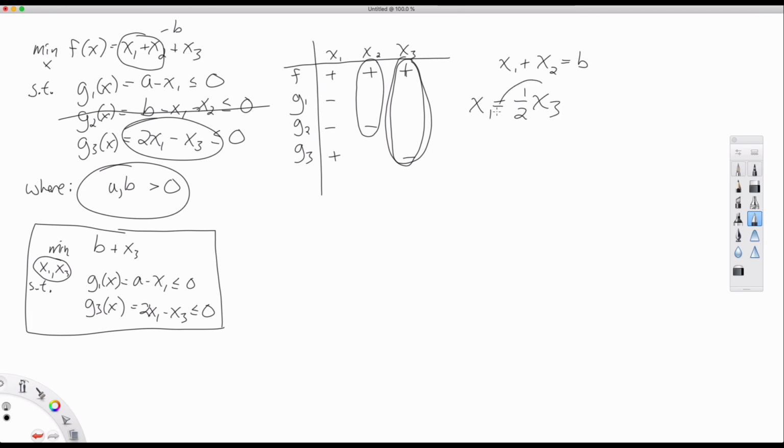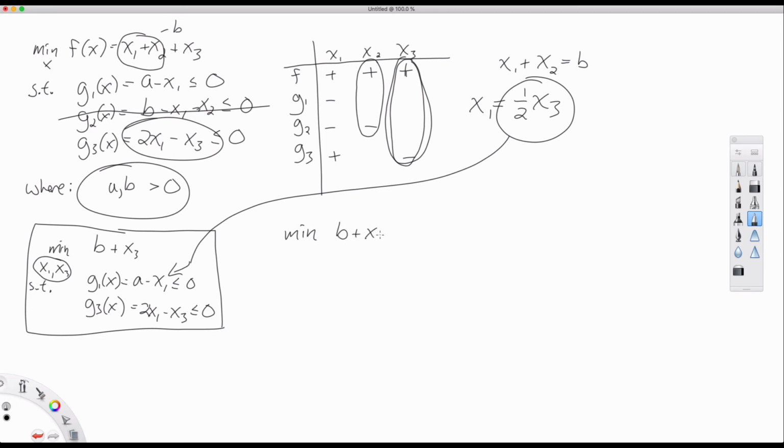And then any place I see x1 in this reduced formulation, I can replace that with 1/2 x3.